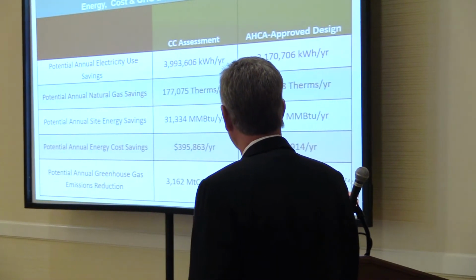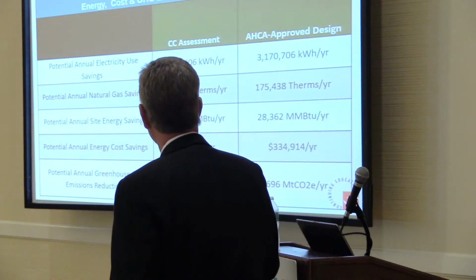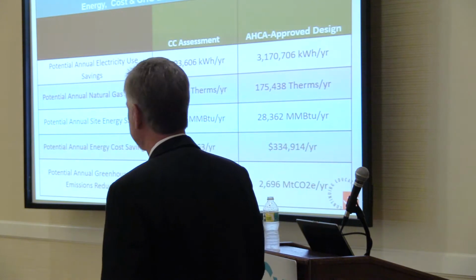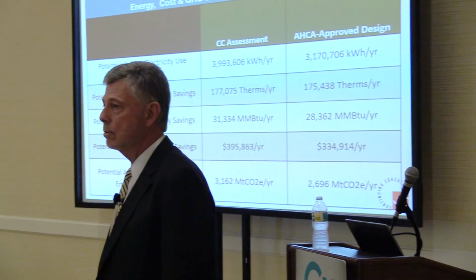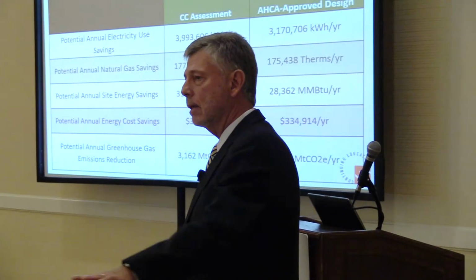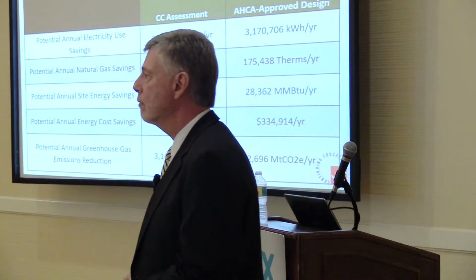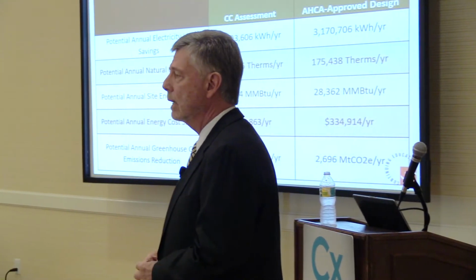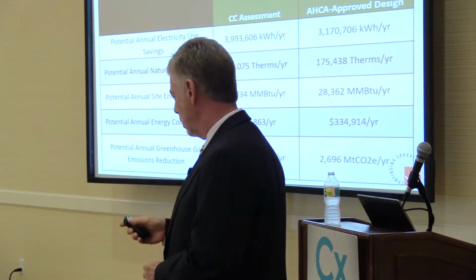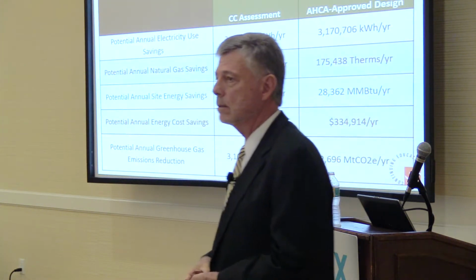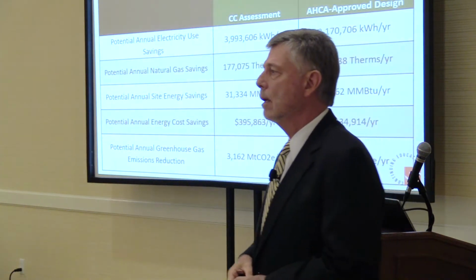So we go to Orlando and we stand before AHCA, and they do their picking and choosing on which zones they will actually allow us to convert. And they slashed, I don't know, 30 or 40 zones from our scope, which meant we had to go back and adjust the model. And we came up with a revised number of around $335,000 of annual savings.